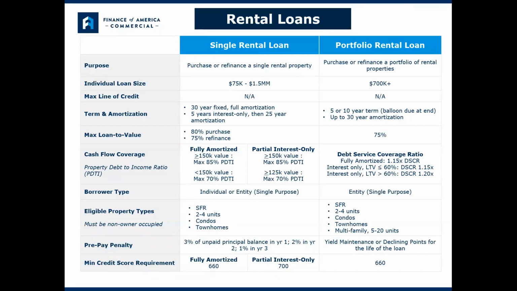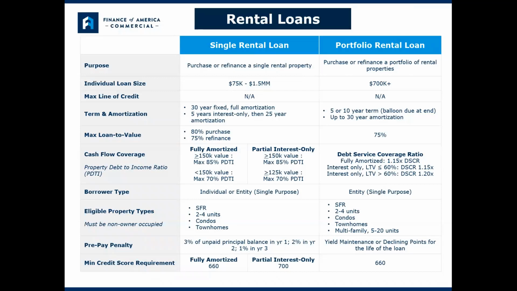I'll start off hitting a couple of highlights on our single rental loan. So just giving a quick overview about what we call the SLP in our world, our single rental product, we start at a minimum loan amount of $75K, so you need to have a value of $100,000. It's a fixed rate for 30 years, which is what I really like about this product.